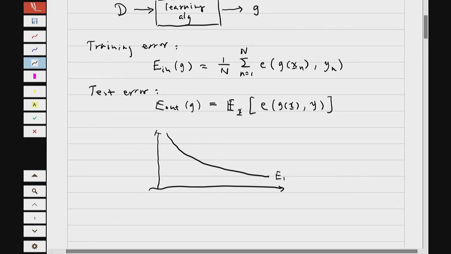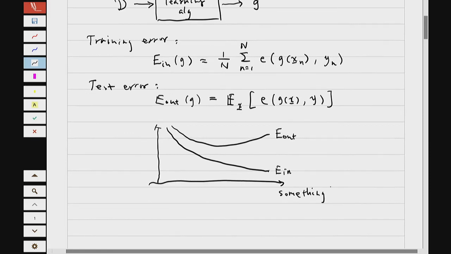It can be the number of iterations of your algorithm, or the complexity of your hypothesis set, or the learning model, and so on, right? And then the E out tends to go like this, right? After a while, it goes in the opposite direction. So this point can be when to stop your iteration, for example.